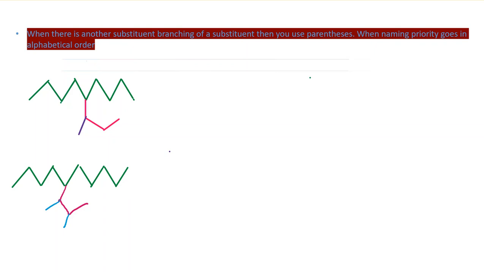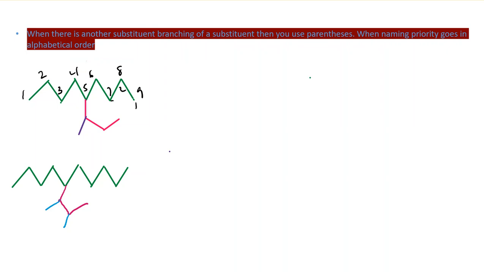So our next rule says when there is another substituent branching off a substituent, then you use parentheses. When naming, priority goes in alphabetical order. So for this example, we're going to determine the parent hydrocarbon. So we're going to go 1, 2, 3, 4, 5, 6, 7, 8, 9. And then go in the opposite direction.